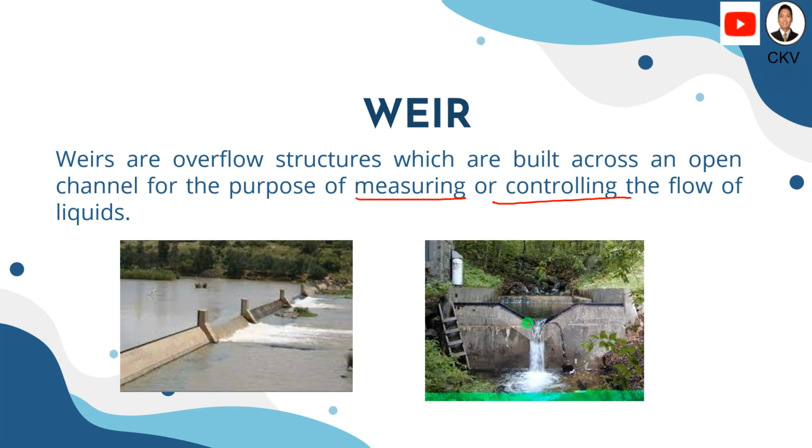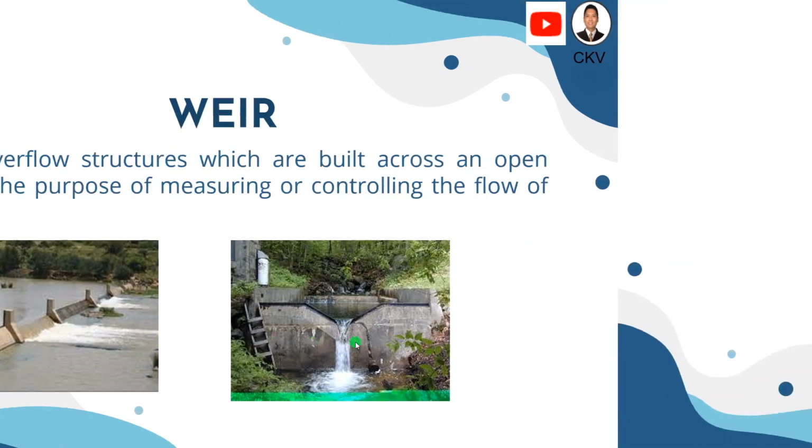But the most commonly used shapes for weirs are rectangular, triangular, and trapezoidal. Now, we go directly to the formula used in measuring the flow rate within a weir.